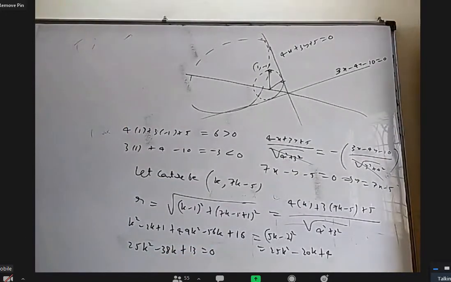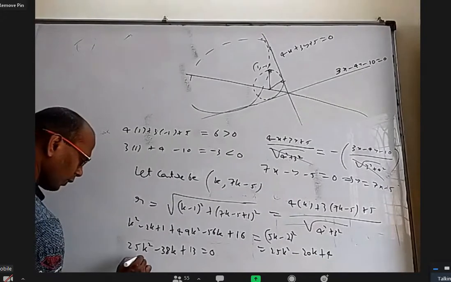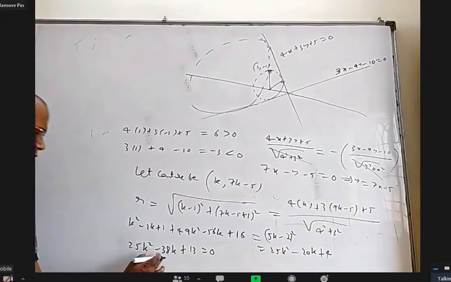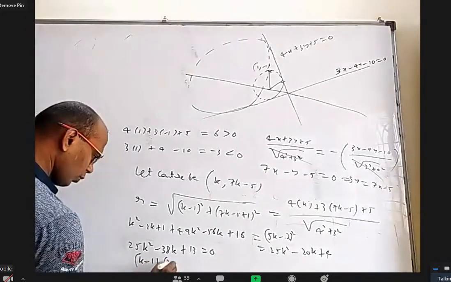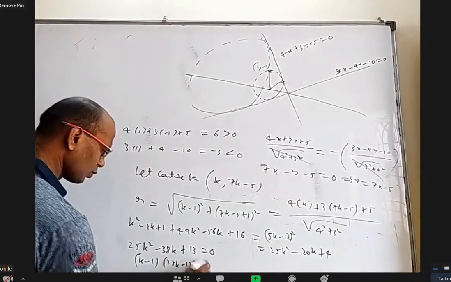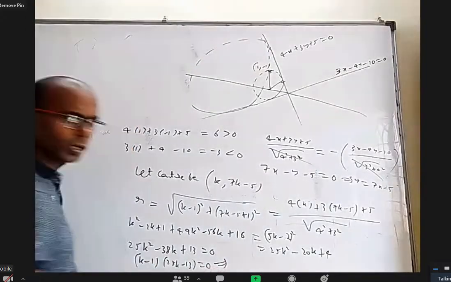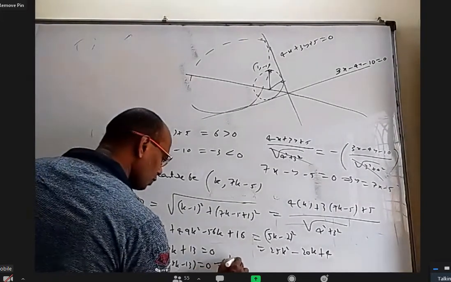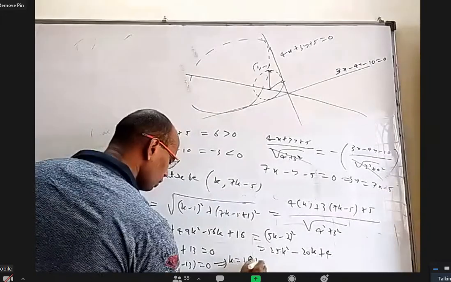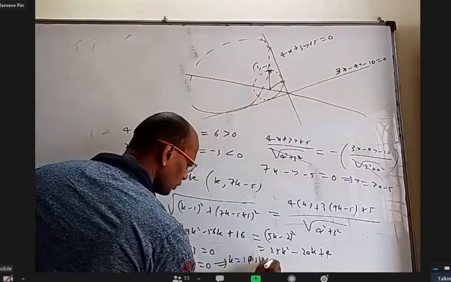So directly 25 and 13 are the roots, so it's good. That is minus 25k minus 13k. So (k minus 1) into (25k minus 13) equal to 0. So we got, can you see this part? Yes. So we got k equal to 1 or 13 by 25.